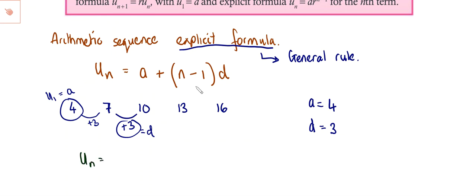Un equals, instead of A, I'm going to write 4. Yeah? Plus n minus 1 times what? Times D. Times 3. Yeah. D is 3. Okay.